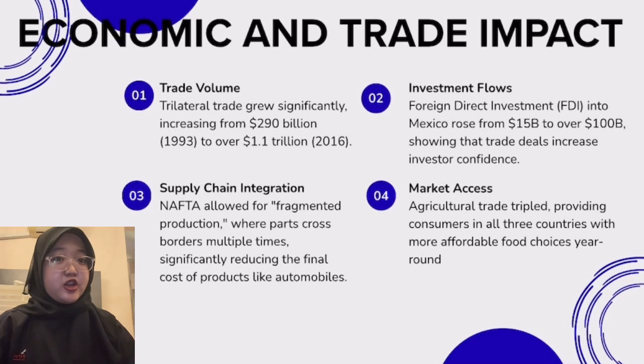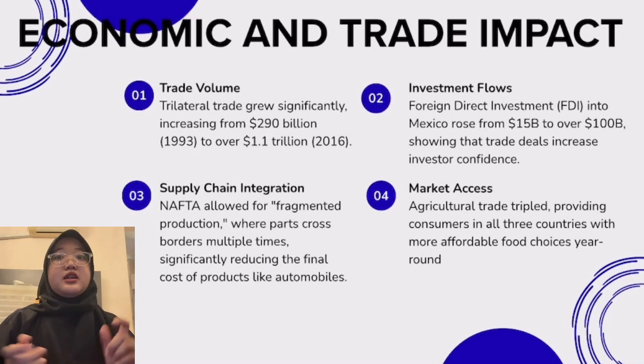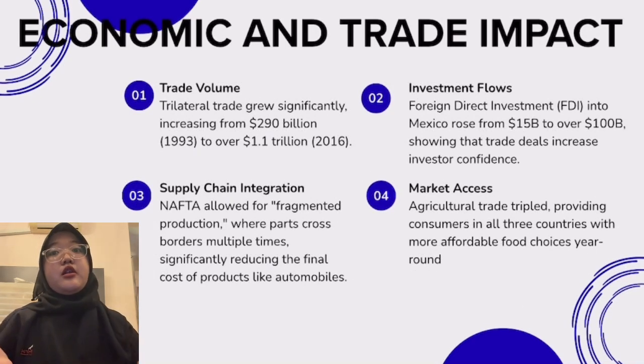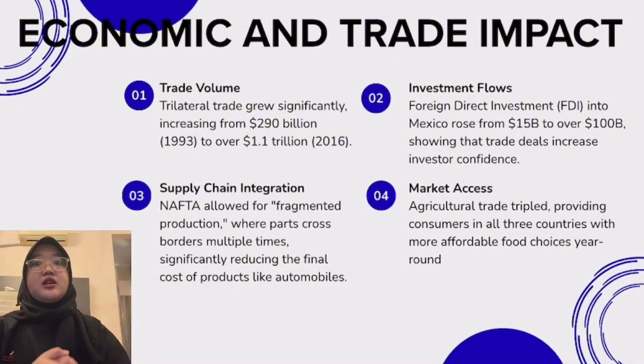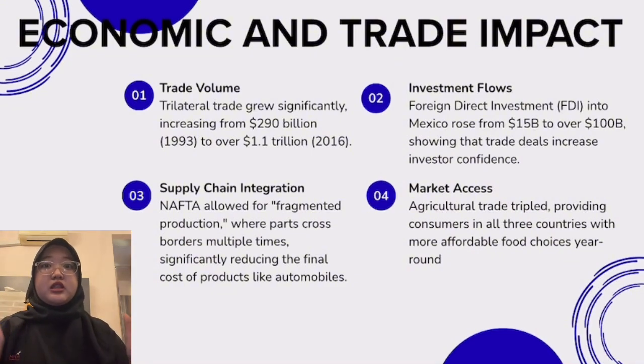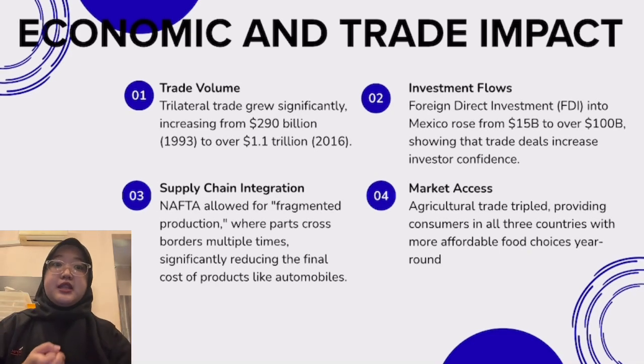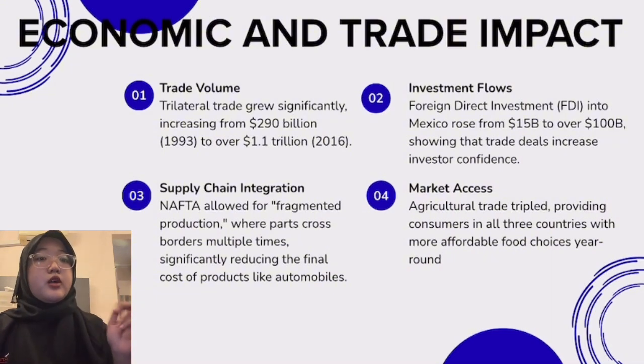So next is economy and trade impact. NAFTA had a strong impact on trade and investment between the member countries. First, in terms of trade volume, trade between the 3 countries increased significantly. It grew from about 290 billion US dollars in 1993 to more than 1.1 trillion US dollars in 2016.